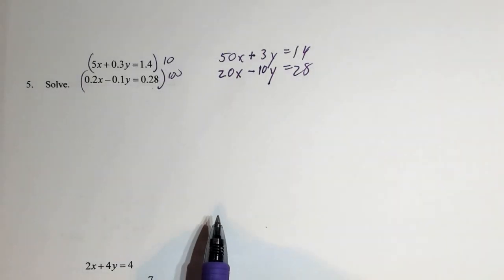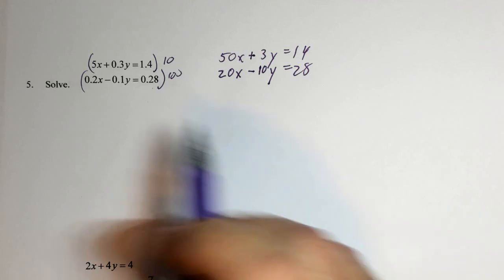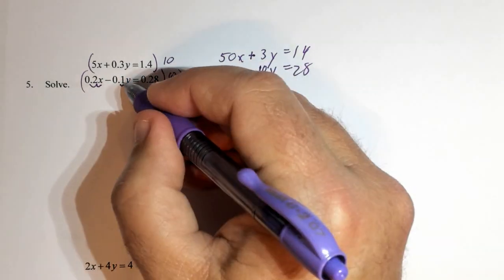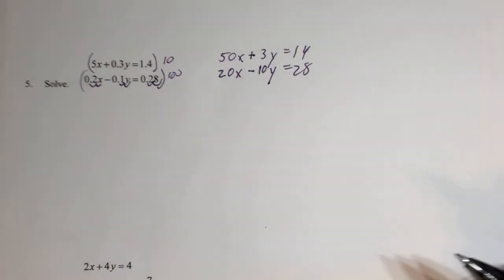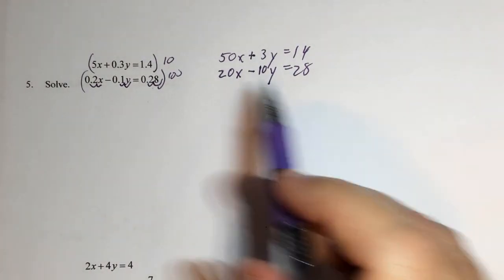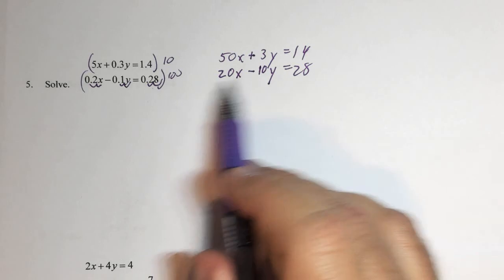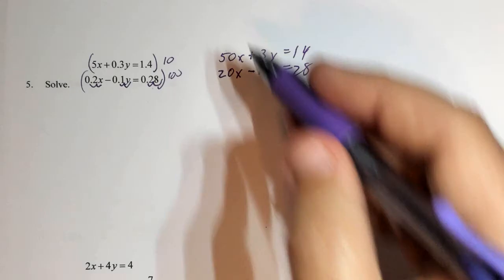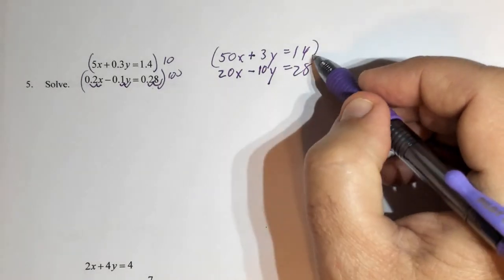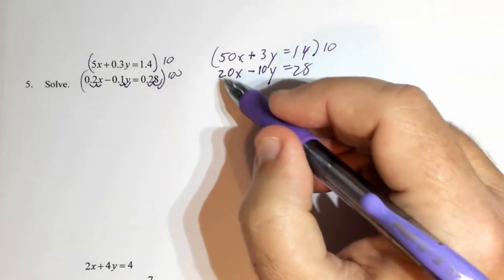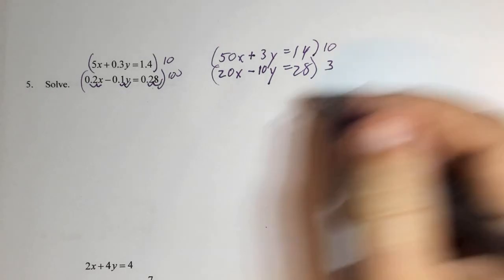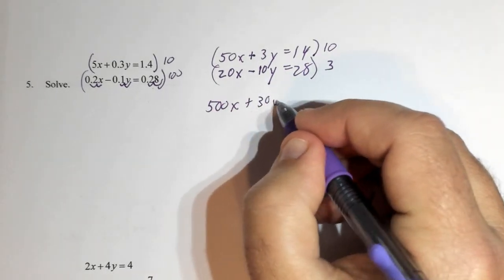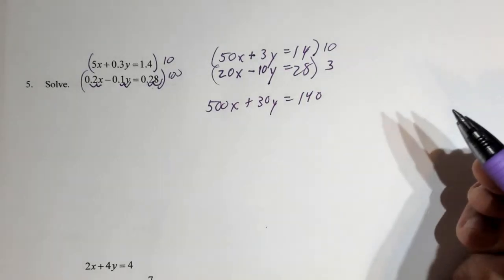Right? That's going to move this over 2 spots, 2 spots, 2 spots. Okay, so now I got to do something. What am I going to use? Well, best to use elimination or addition method here. So if we multiply this top one by 10 and this bottom one by 3, we're going to get 500x plus 30y is equal to 140.